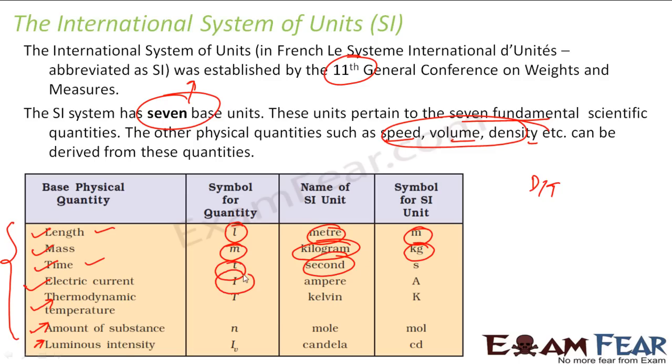Electric current is I, we use ampere for this. We must have learned in physics. Then you have temperature, we use Kelvin, though there is something called Celsius and Fahrenheit, but Kelvin is the SI unit for this. Then you have amount of substance, the SI unit name is mole, and we use mol as a symbol. And then you have luminous intensity for brightness, we use candela, and we use cd for this.